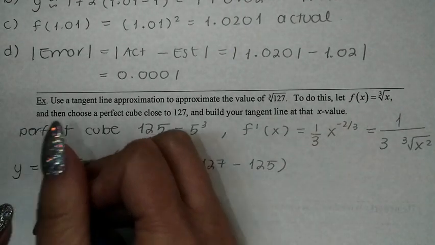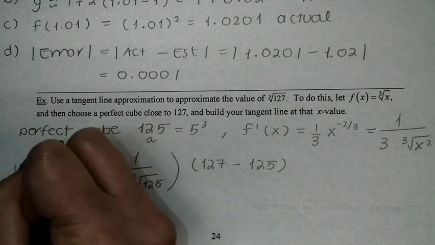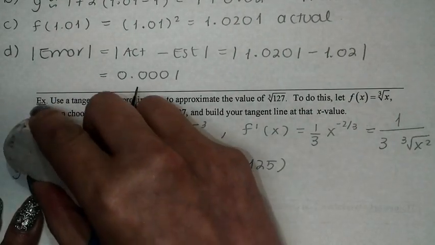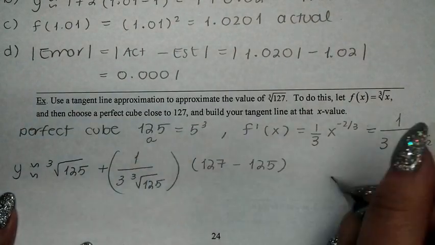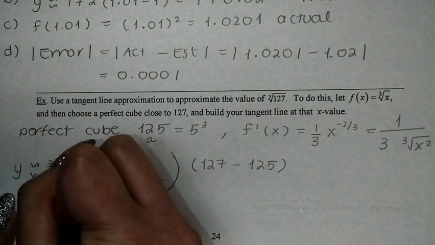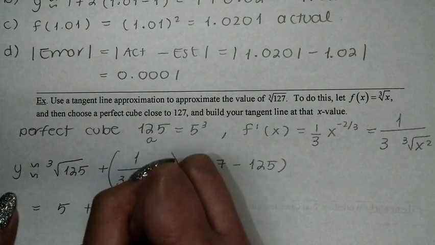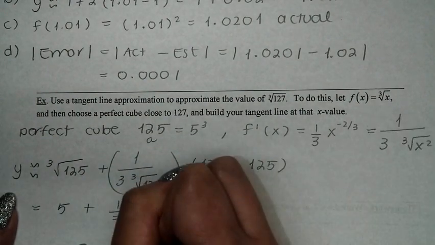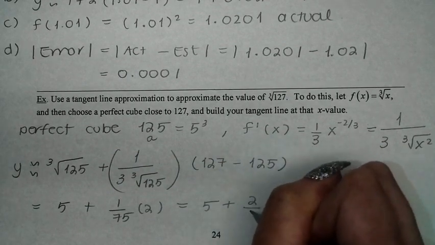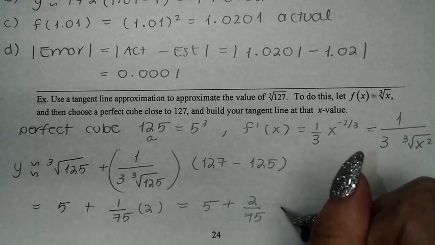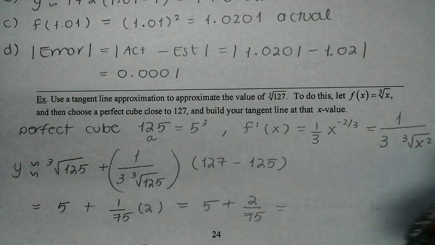So you keep going here. This should be squiggly equals signs, because it's an approximation. This is approximately equal to 5 plus 1 over 75 times 2. So this is equal to 5 plus 2 over 75. You can leave it like this, or you can actually do the operation.